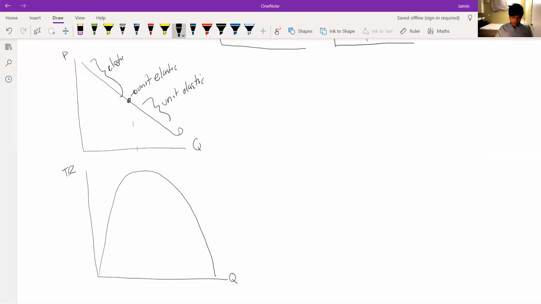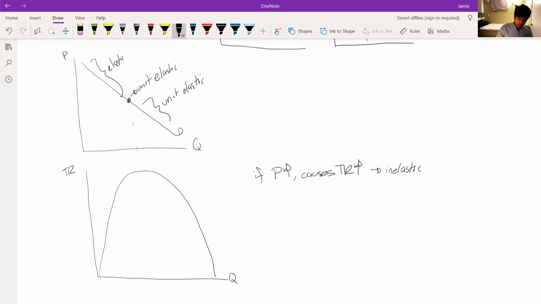And so what is important here is two things. If price increases, and this causes total revenue to increase, well, let's think of it. If price increases, total revenue increases, then your demand is said to be inelastic, right?